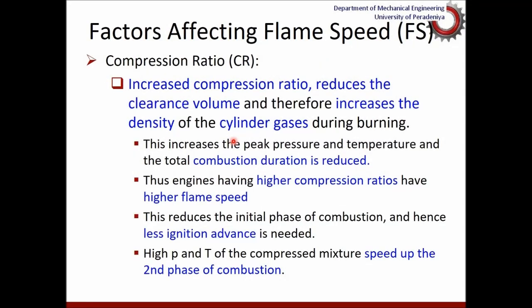And then the other parameter which has a greater influence on the flame speed is the compression ratio. So when you increase the compression ratio, you reduce the clearance volume of the engine. That means you compress the gases more, and the density of the air-fuel mixture would be increased, and as a result of that, there will be an increase of pressure and temperature, which reduces the combustion duration.